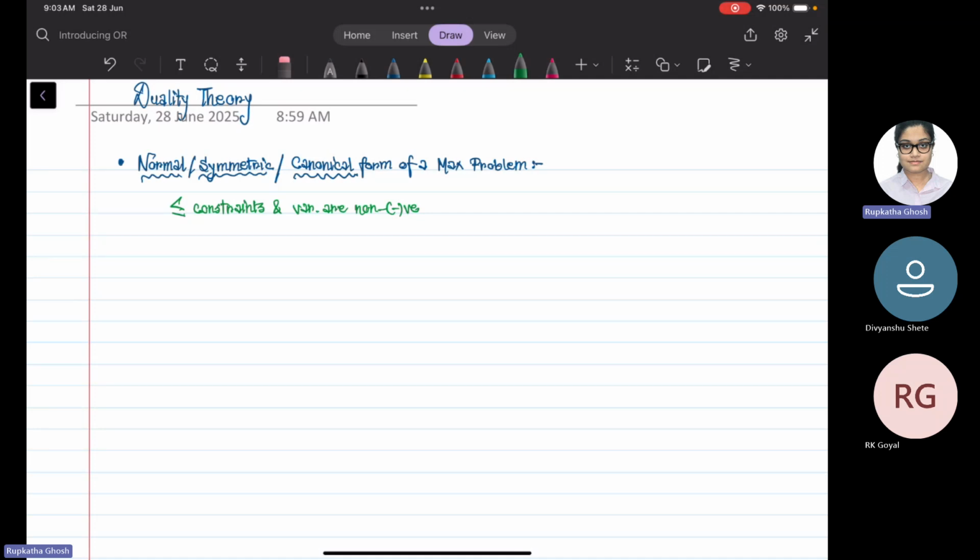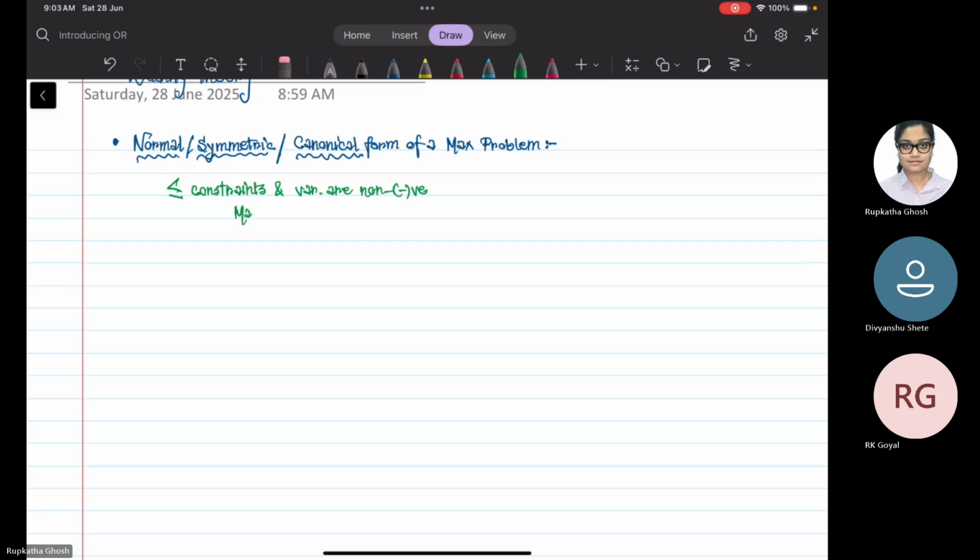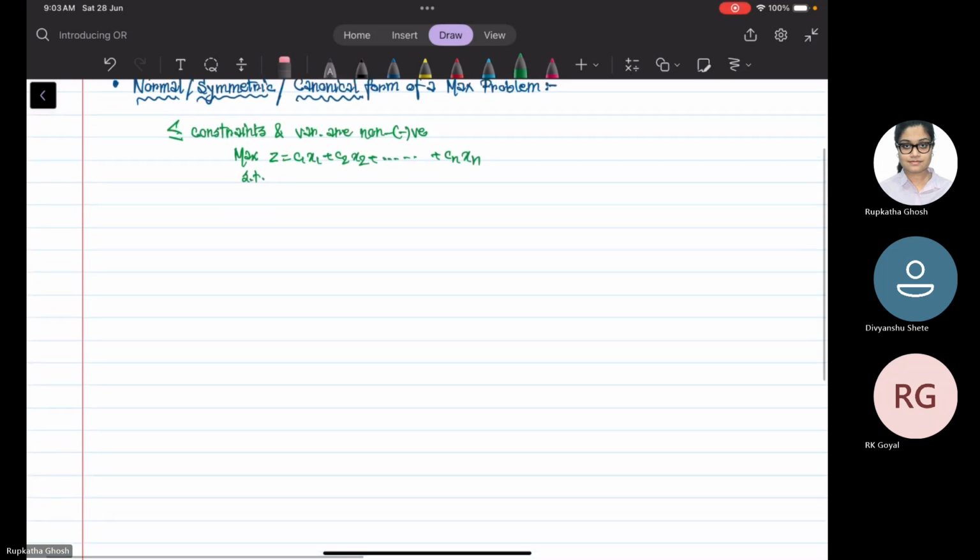Okay, so that means it will look like: maximize z equal to c1 x1 plus c2 x2, like that till cn xn, subject to a11 x1 plus a12 x2, till a1n xn less than equal to b1. Similarly, a21 x1 plus a22 x2, till a2n xn less than equal to b2.